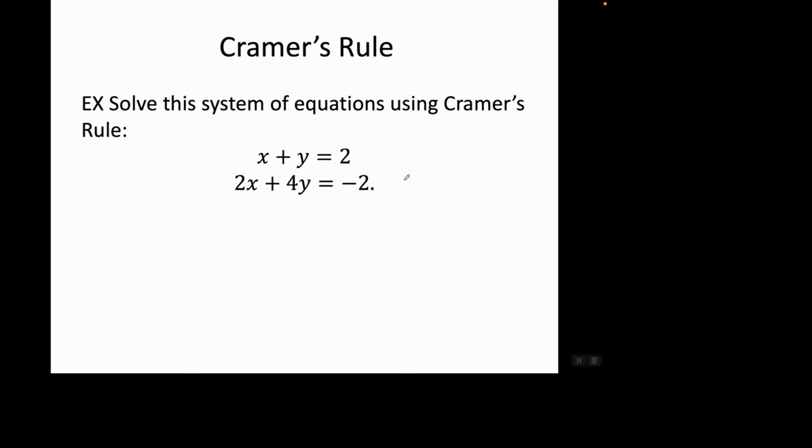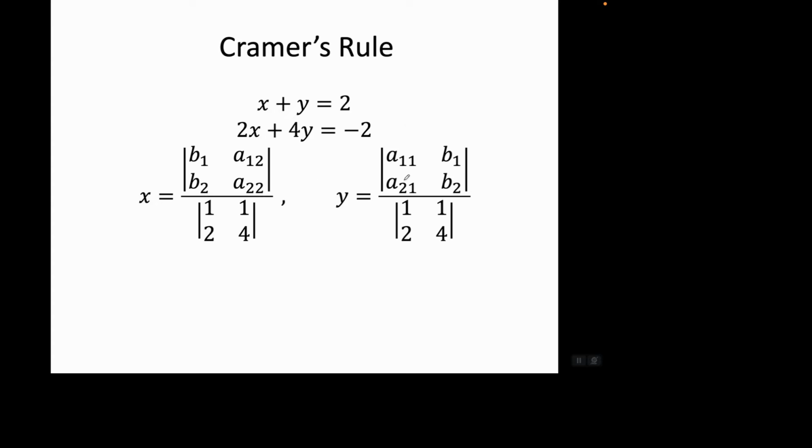Here's an example. Solve this system of equations using Cramer's rule. x plus y equals 2, 2x plus 4y equals negative 2. Let's see. So on the bottom, we have the coefficients. That's the determinant of the coefficient matrix, 1, 1, 2, 4. Same thing here.